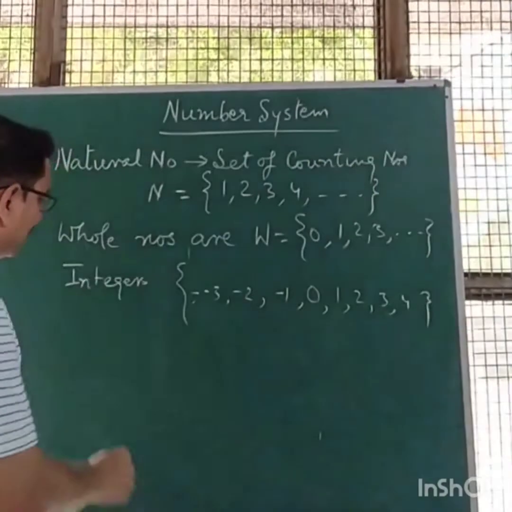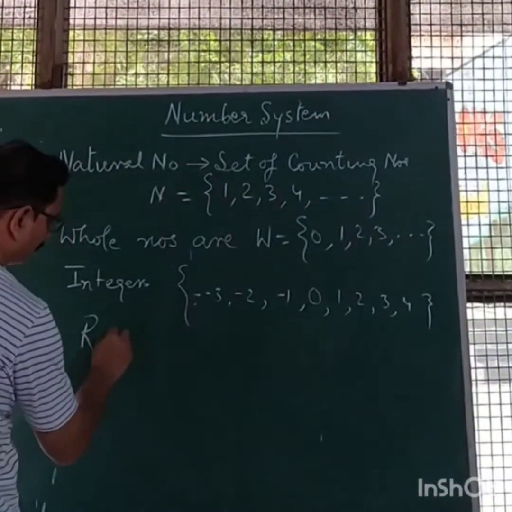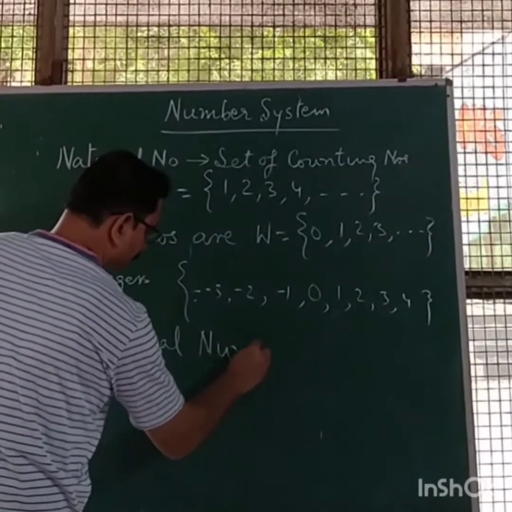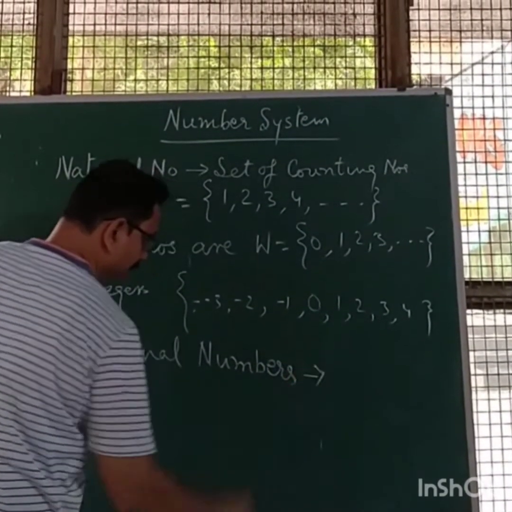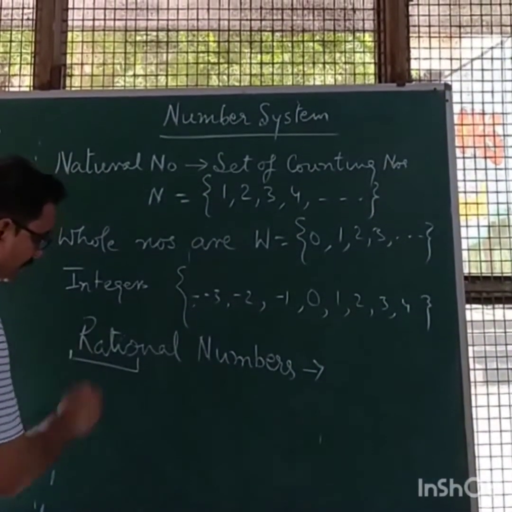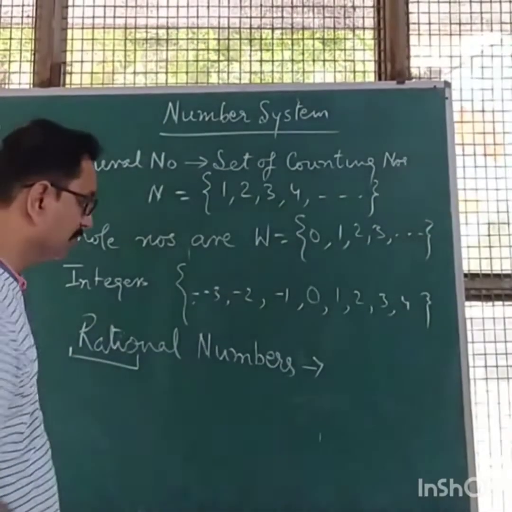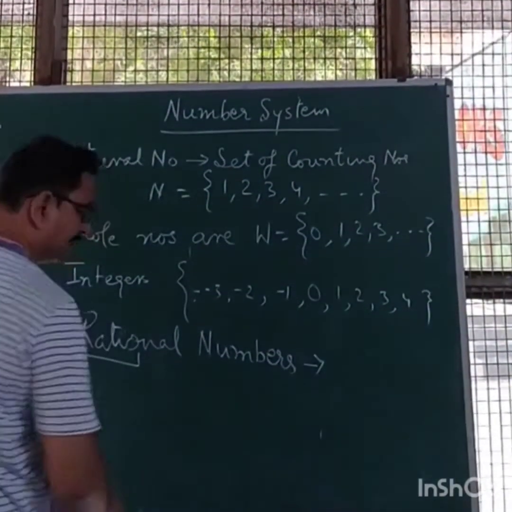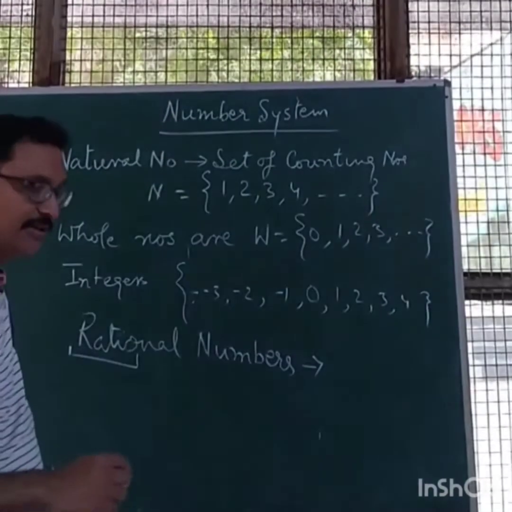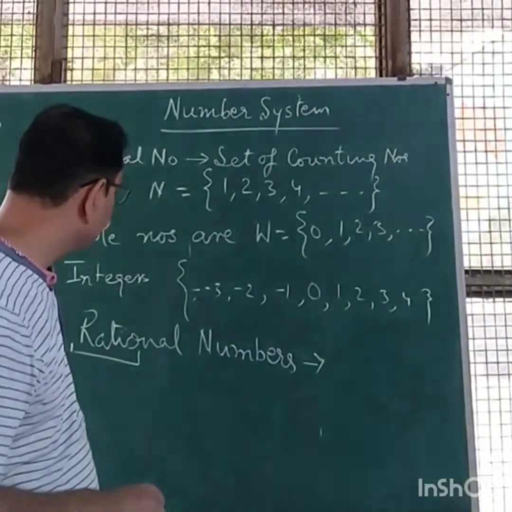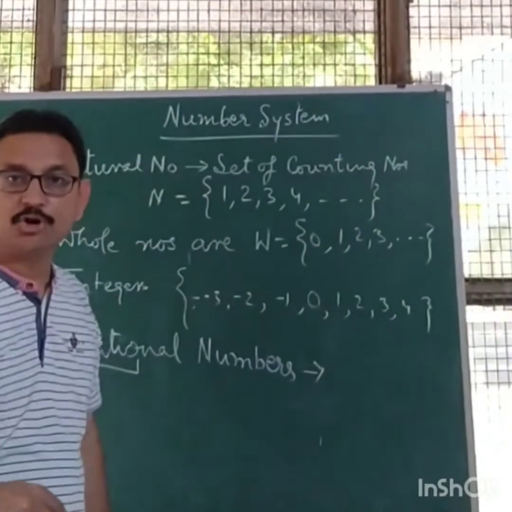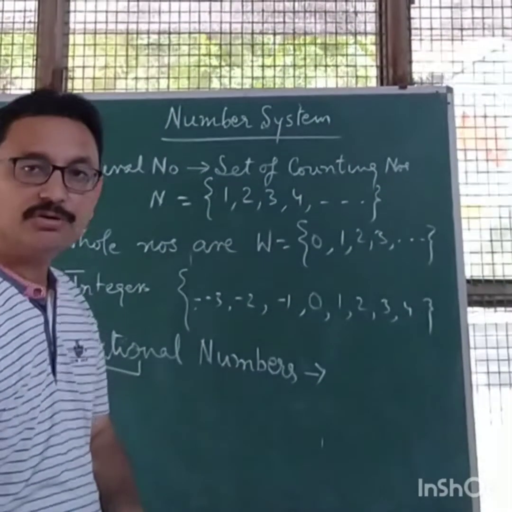Now we start with rational numbers. A rational number has the word ratio in it. It is a ratio of integers, with the condition that the denominator should not be equal to 0.